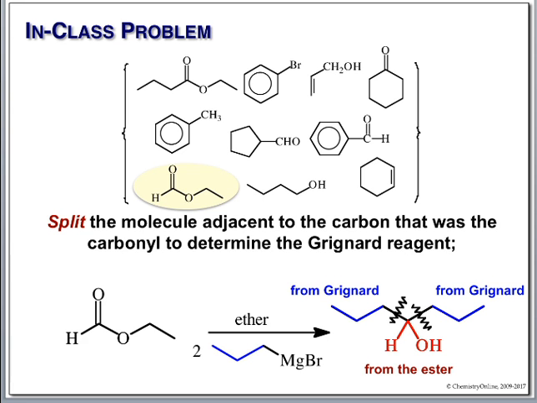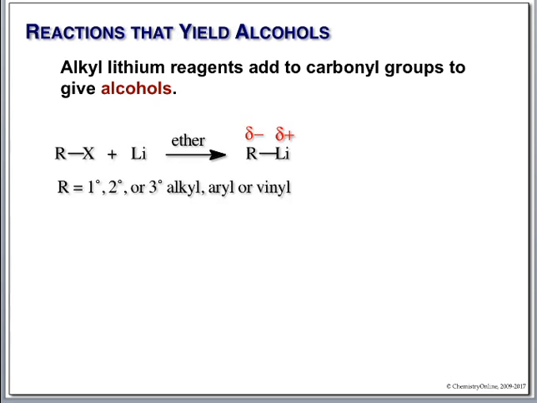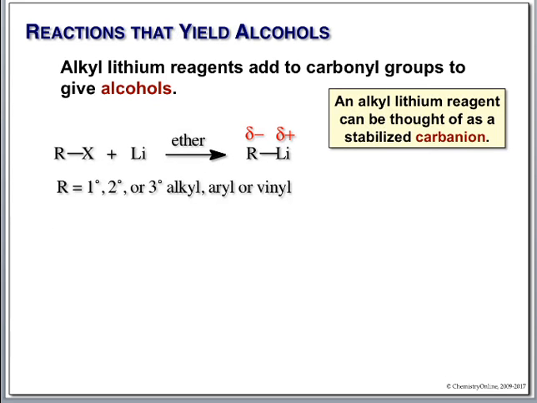All right, well, let's deal with another organometallic compound. Instead of using magnesium, I'm going to take an alkyl halide and react it with lithium metal. When I do this, I will make what's lovingly called an alkyl lithium. Now, the thing about an alkyl lithium is that this is a very, very polar covalent bond.